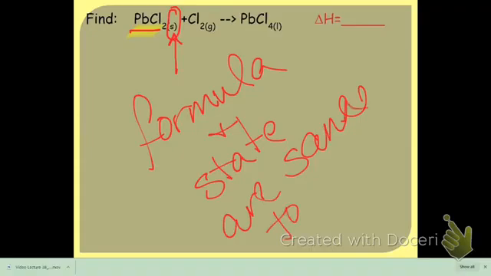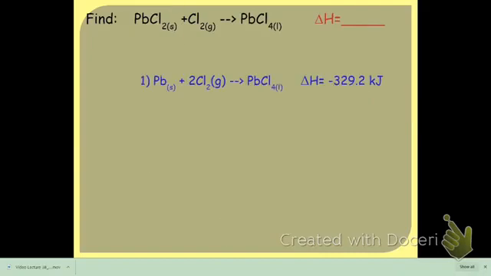to compare. That means that if I'm looking at PbCl2 solid in my final equation, then I'm going to be looking for the PbCl2 solid in the available equations. So, here are your two equations.